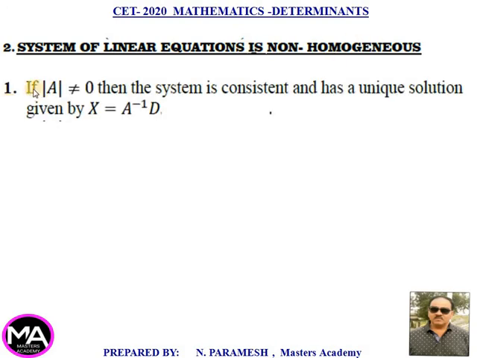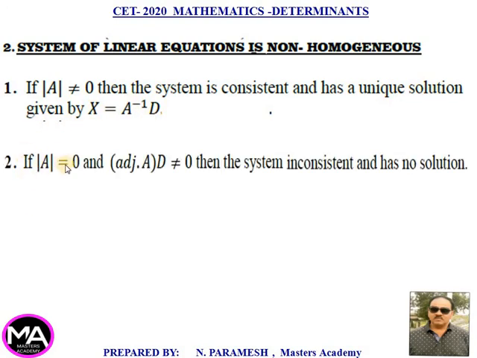In that, first point, if determinant A not equal to 0, non-singular, then the system is consistent and has a unique solution given by X is equal to A inverse into D. Second point, if determinant A is equal to 0, singular matrix, and adjoint A into D is not equal to 0, then the system is inconsistent and has no solution.